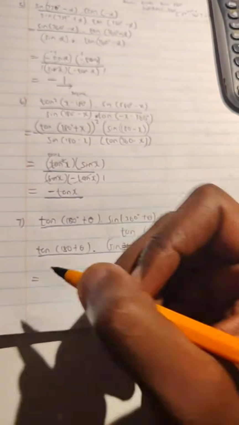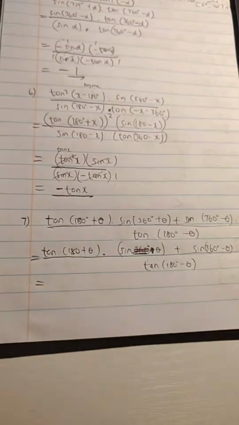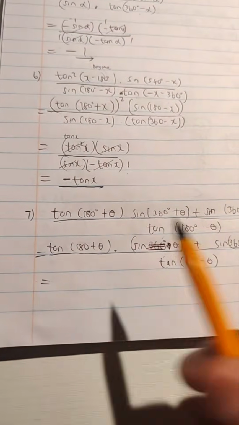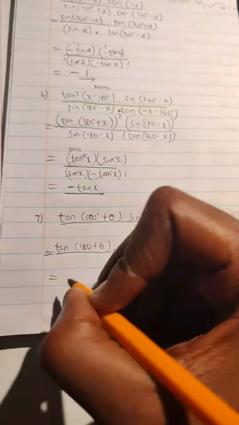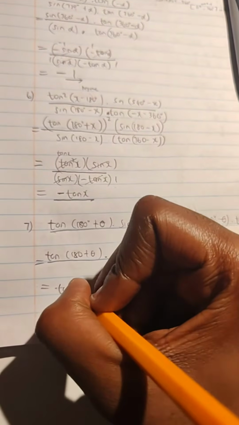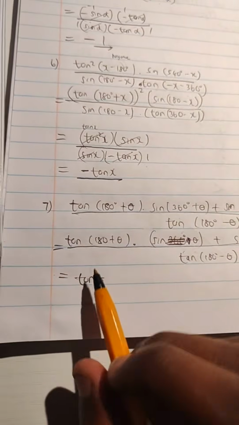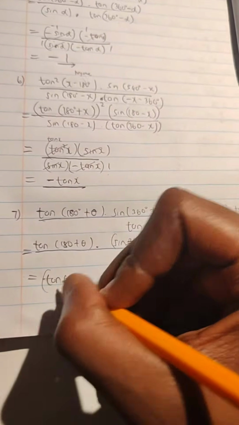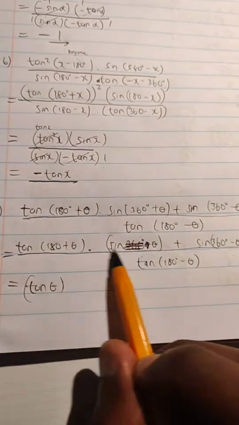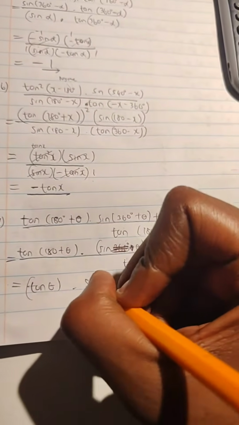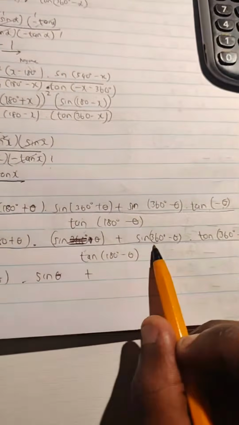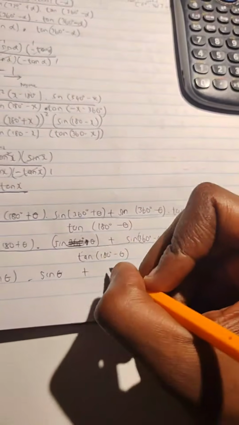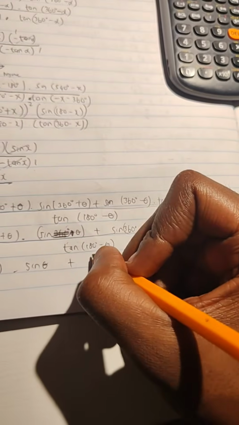We can now reduce using our Cartesian plane there. 180 plus is in which quadrant? 3rd. How is tan? Positive, so we have tan theta. 1 mark already, that's sine theta, which is great. Plus, here we reduce, we have what? 360 minus is in the 4th quadrant.